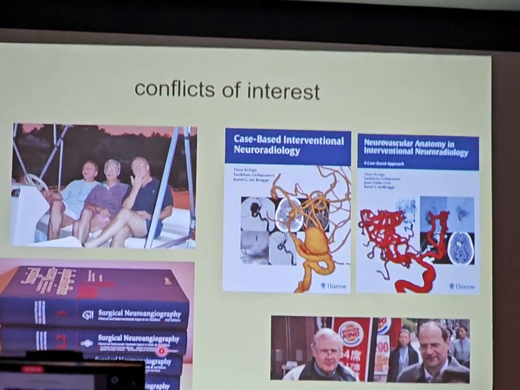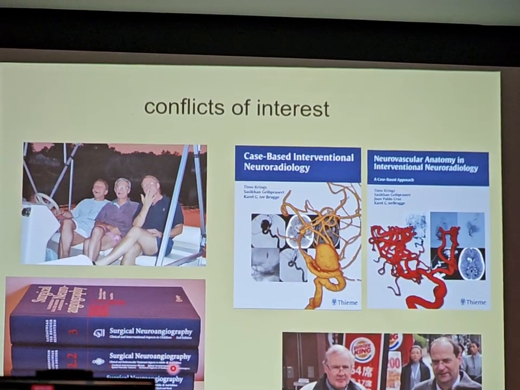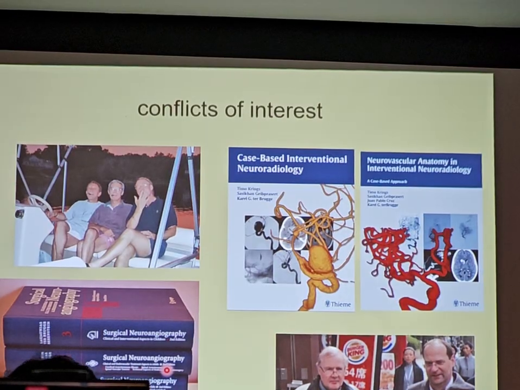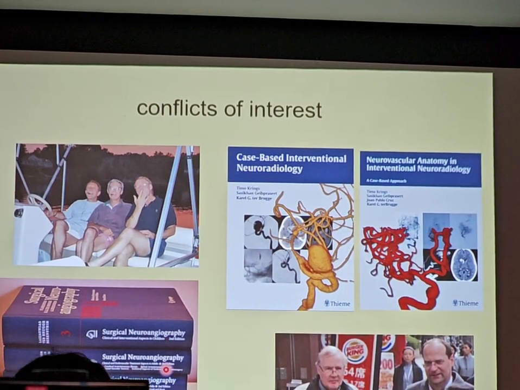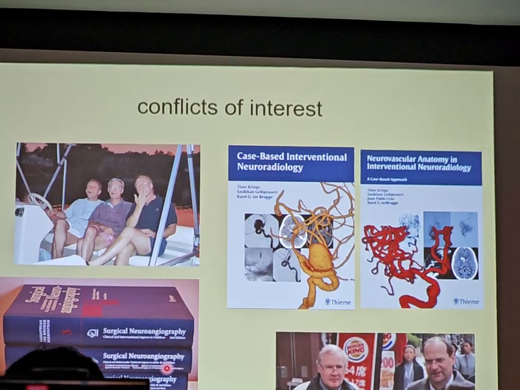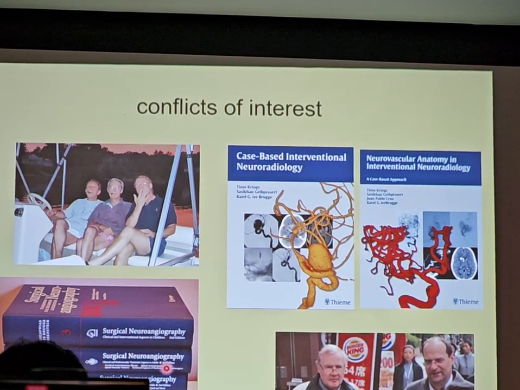And I have some conflicts of interest, so I was fortunate to spend 5 summers of my life in Alex's house with Pierre, writing these books. And these books were really written by ourselves.